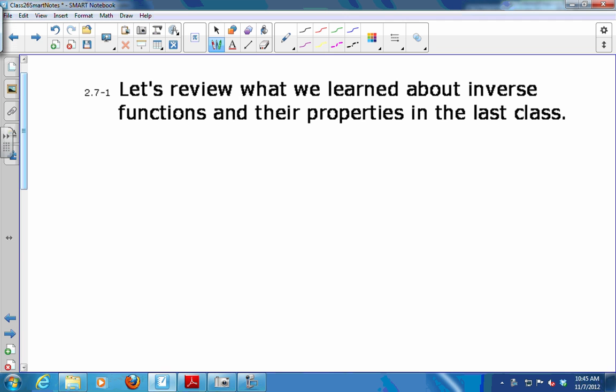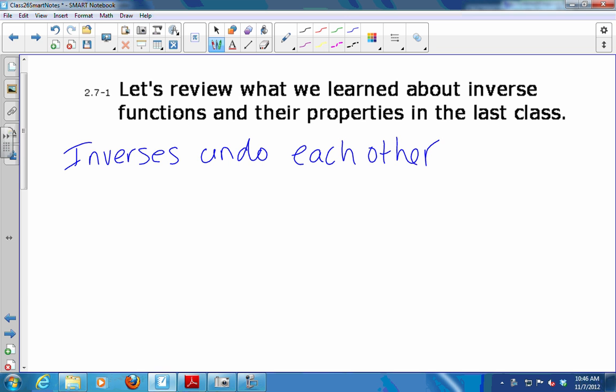So we spent last class talking about inverse functions. What did we learn? What do you know about inverse functions now? They undo each other. What else?